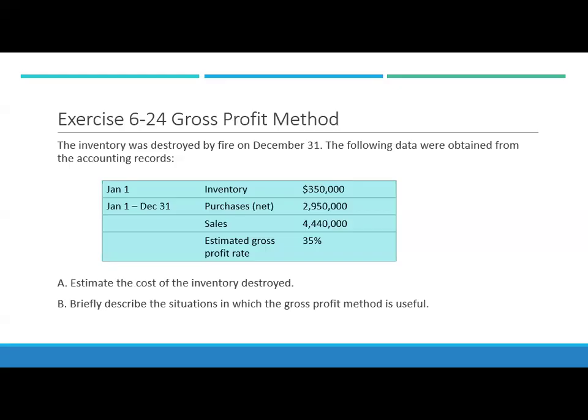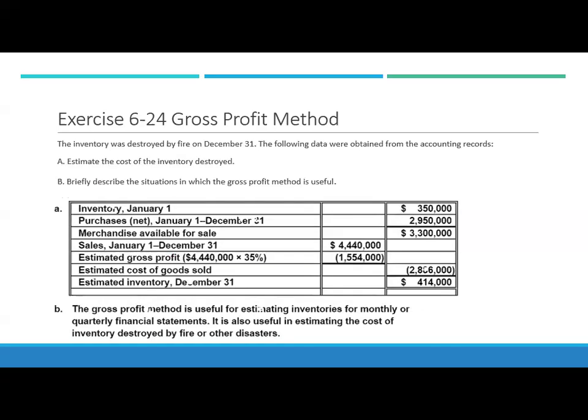So we had sales of 4,440,000 times 35% is a gross profit of 1,554,000. And that means our estimated cost of goods sold was $2,886,000.